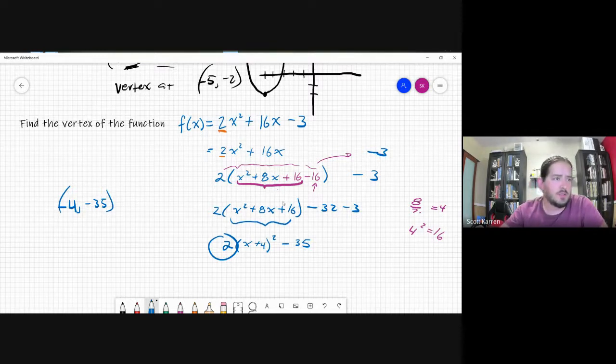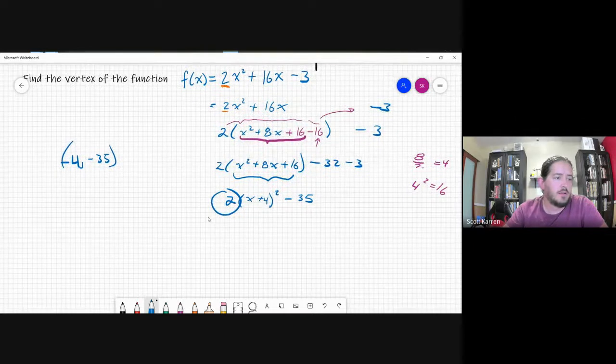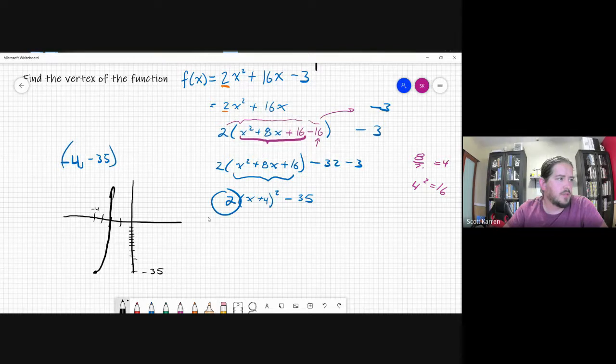So the graph of this looks like, it's not labeled very well, but let's say that this is negative 35 and negative 1, 2, 3, 4. My vertex is there, and then it's just narrow because it's been stretched by a factor of 2 in the vertical. Right?